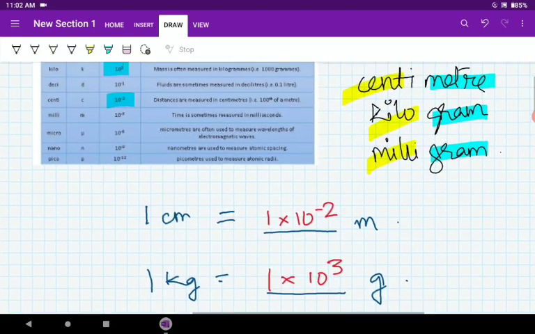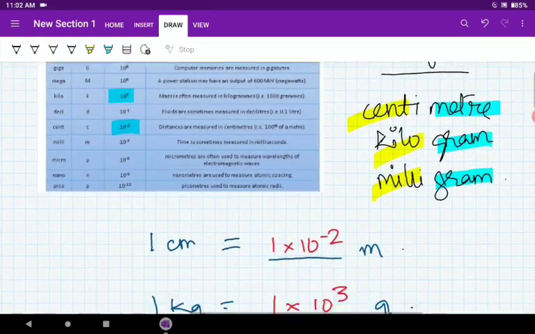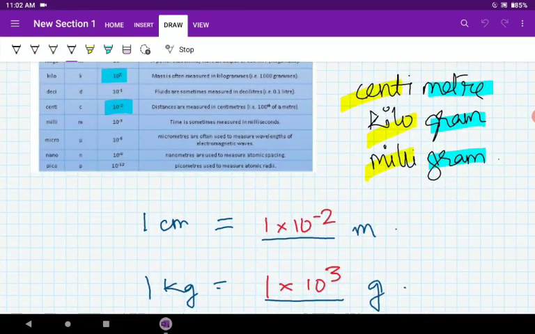Scaling factor is the power of 10 to which you have to multiply in order to obtain the prefixed unit in the original unit. Similarly, if it would have been, say, not 1 but 11 centimeter, then it would have been 11 into 10 to the power minus 2 meter. If it would have been 31 kilograms, then we would be writing here 31 into 10 to the power 3 grams. So these are all interchangeable.